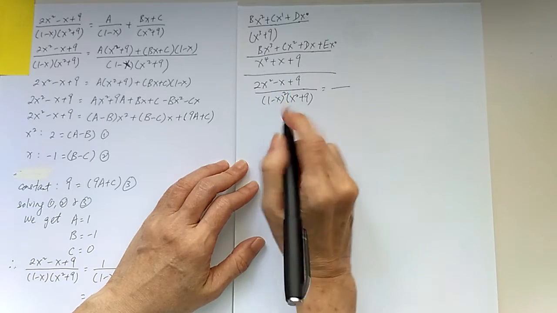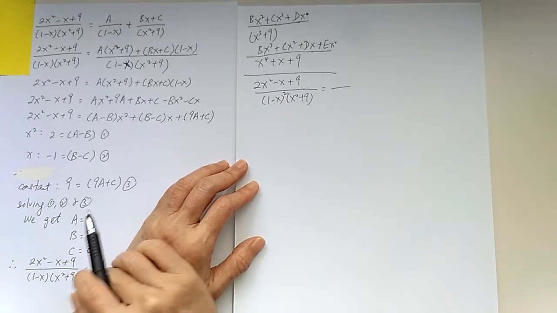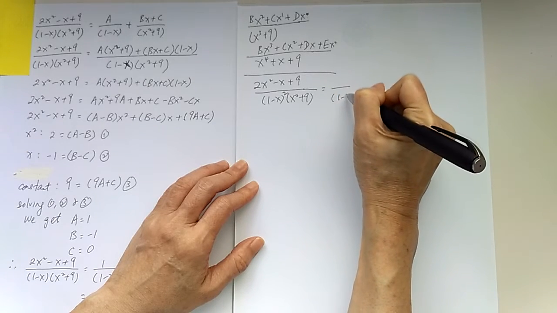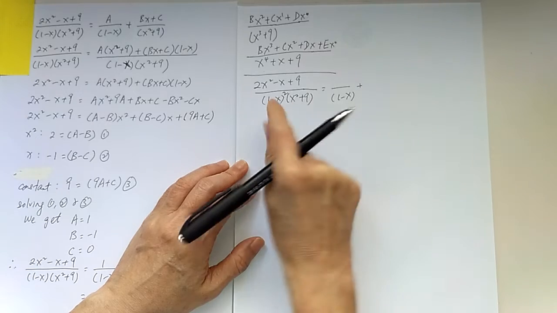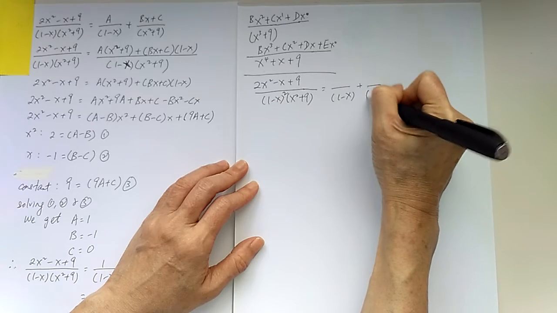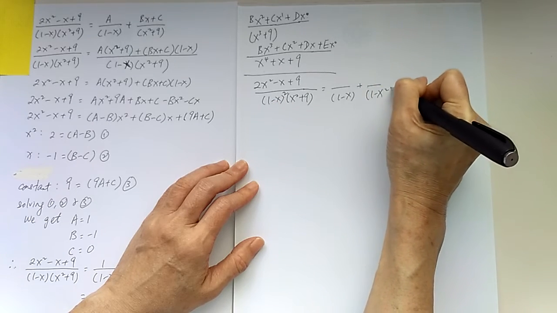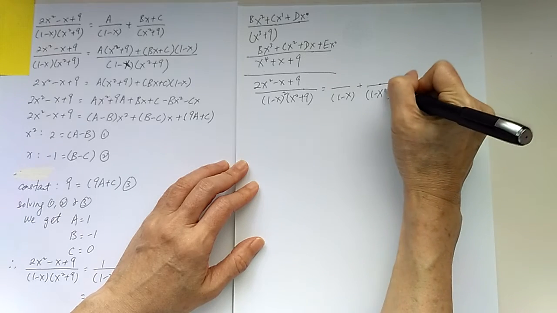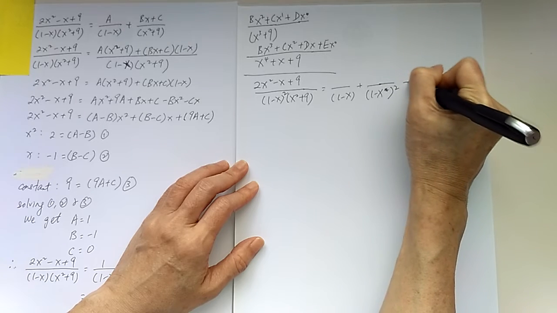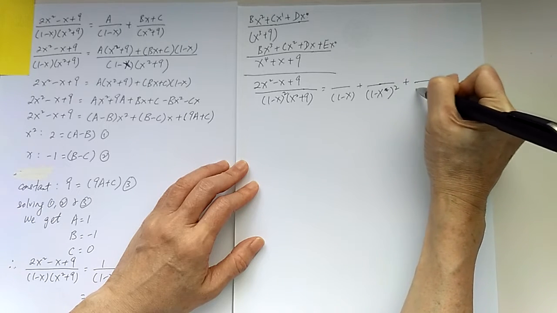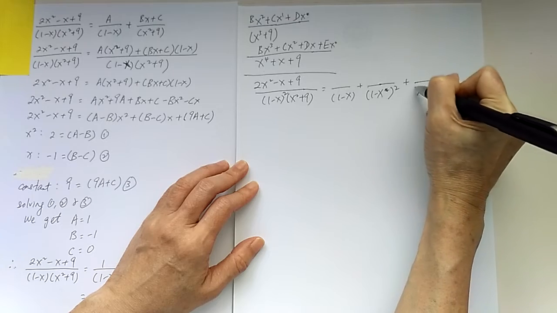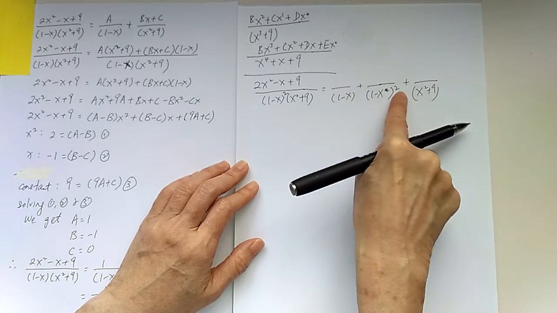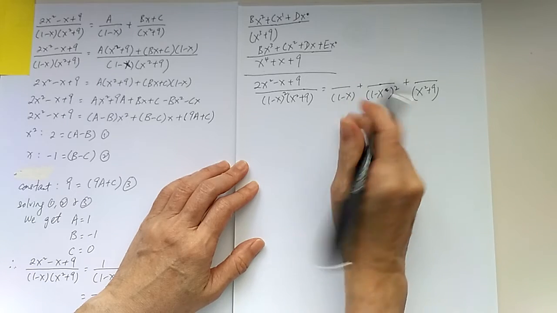Because this is the highest power, in this case a square, we will do it as a so-called repeated root. If this is squared, then you have 2, starting from 1, 2.